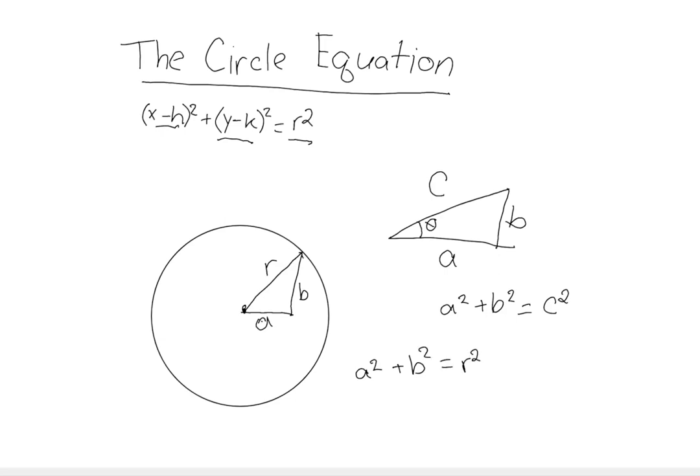We would just use Pythagorean's theorem. But in what scenario would you even know the length of this side and the length of that side? You would probably be given the area or something like that to find the radius, right? But in a graph, you do know these two sides.